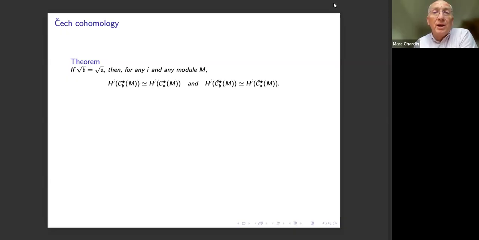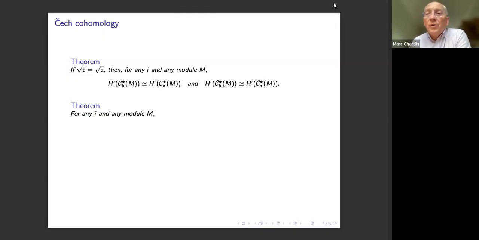And with respect to grading if A and B are graded. And the same, of course, for the cohomology where you start one step later, I mean, all the Čech cohomology. So these only depend on the radical of the ideal you choose, and that's an important fact, very well known.